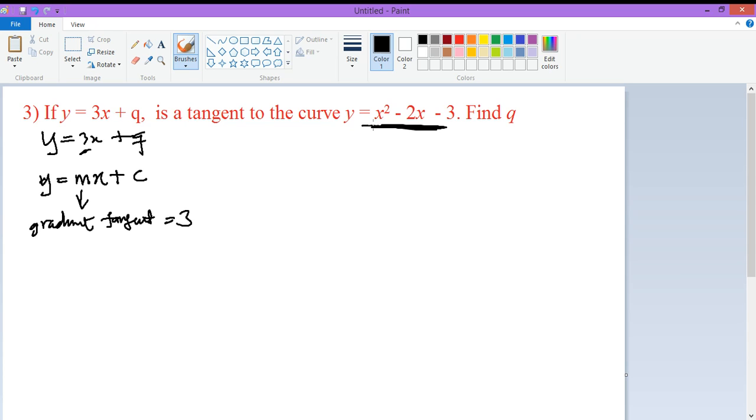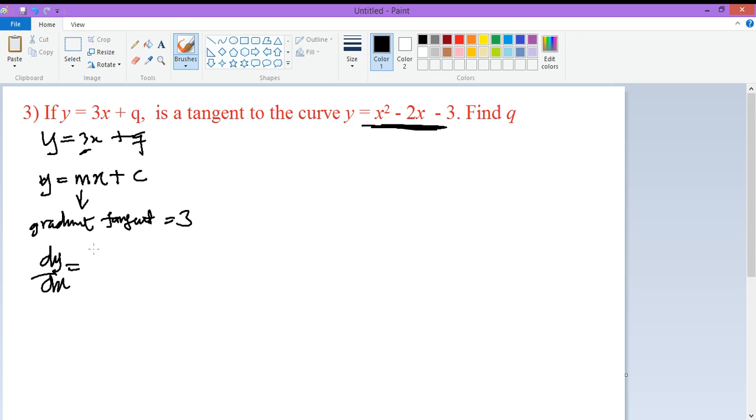So let's find the gradient function for this curve. The gradient function is dy dx. And as usual, we're going to multiply the power by the coefficient here and reduce the power by 1.